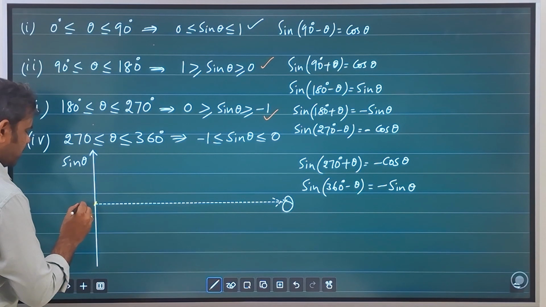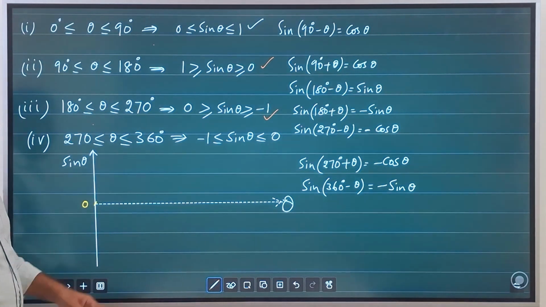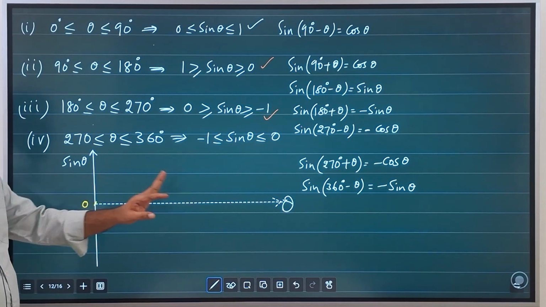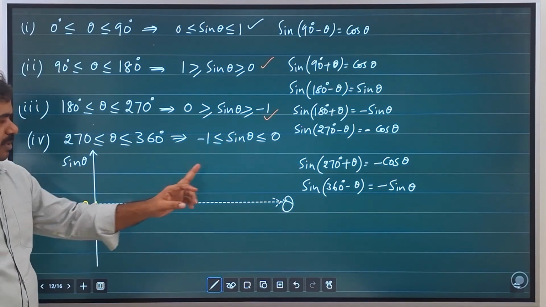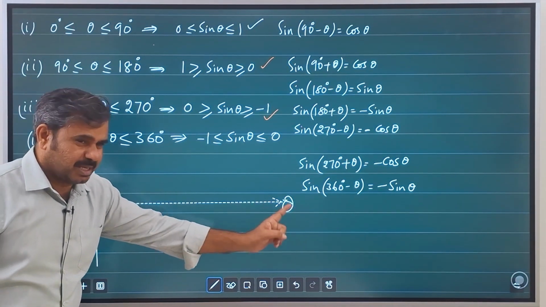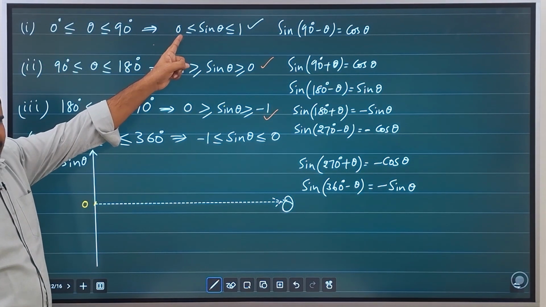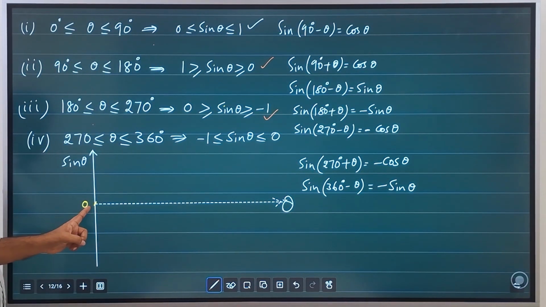So the graph passes through the origin. Let us say theta is x, sine theta is y. When x is equal to 0, y is equal to 0.